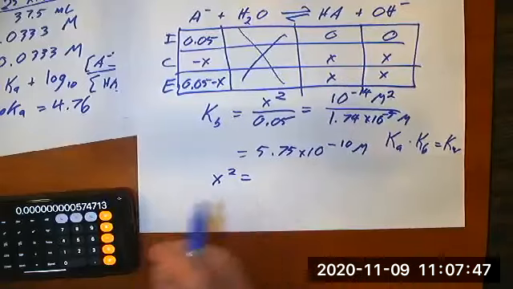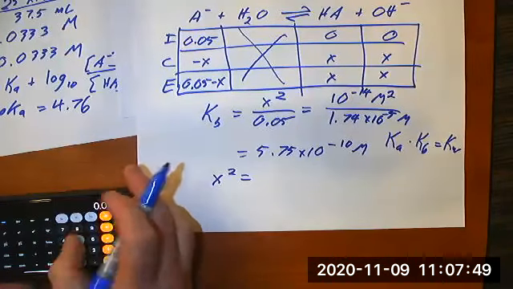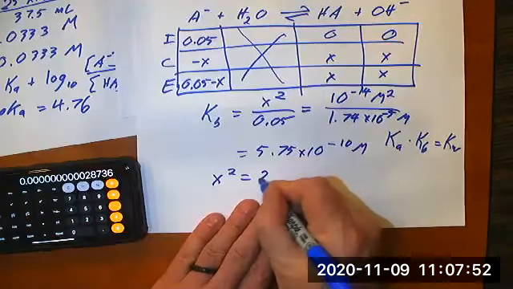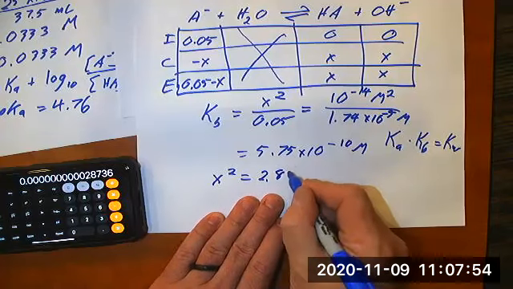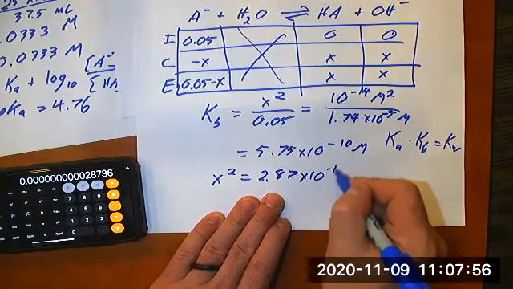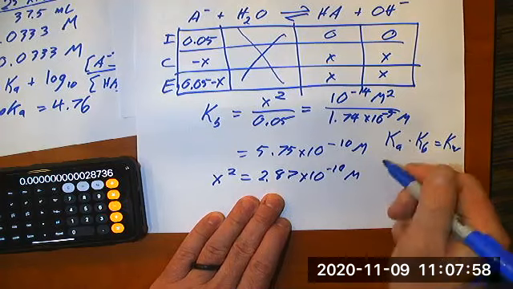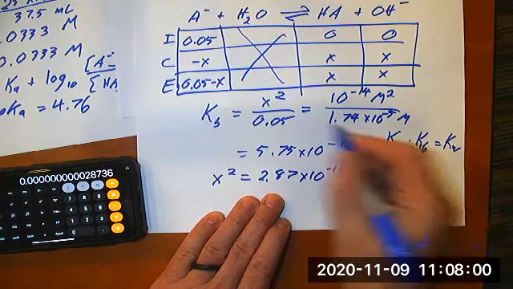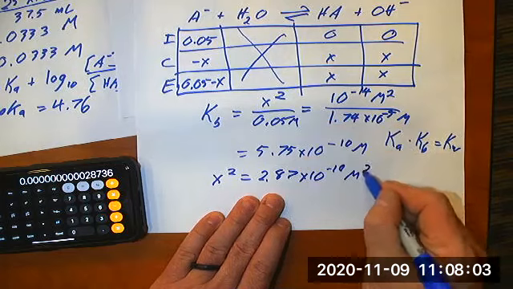X squared equals that times 0.05, which is 2.87 times 10 to the negative 10th molar. Excuse me, so molar squared.